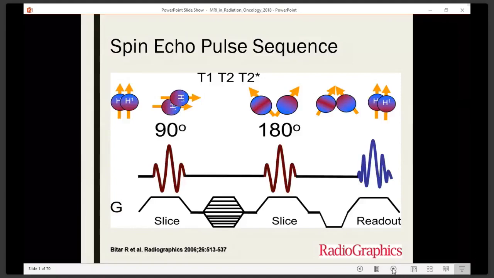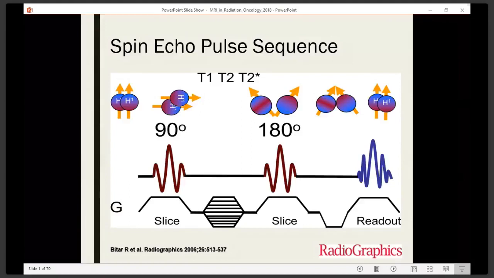Now, the basic pulse sequences used to produce these types of contrast, probably the first and most robust, is called the spin echo sequence. It uses a 90-degree radio frequency pulse to excite the spins and then a 180-degree pulse to refocus the spins. And the signal that comes out is called a spin echo.